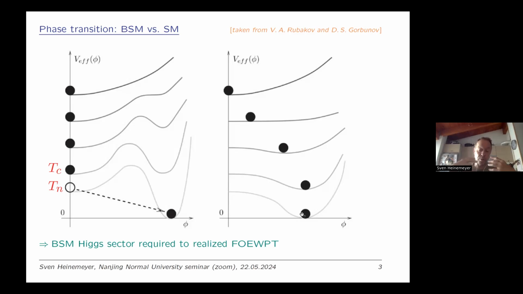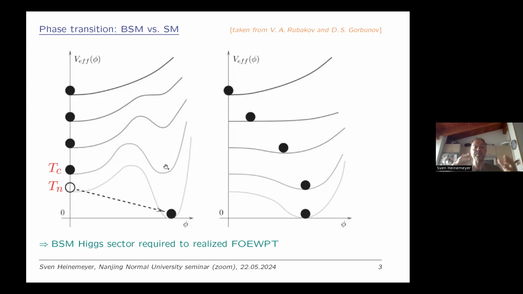This is what more or less would happen in the standard model, and there's no first-order electroweak phase transition. So this doesn't help us. On the other hand, on the left side is the situation that we want, and this can be realized in BSM Higgs sectors. We start out with the same potential here, and then the second minimum starts to form, but there's this barrier that forms, and at some temperature Tc, these two minima have the same depth.